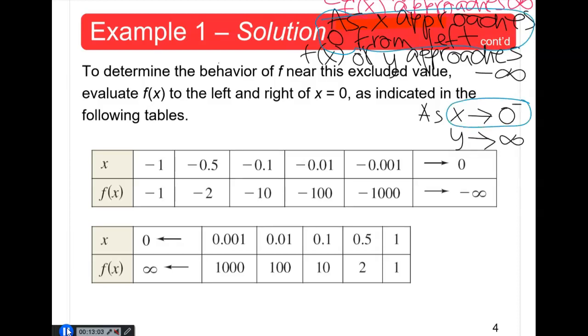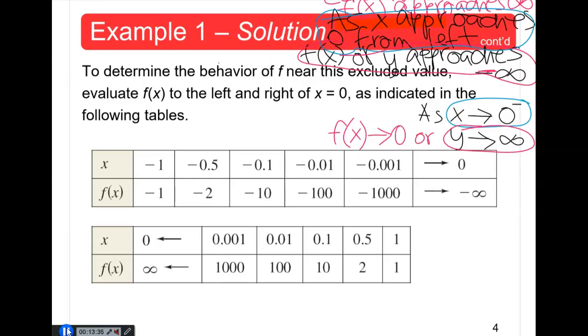As x approaches 0 from the left, so the arrow is indicating that it's getting closer, and the negative, that looks like an exponent, it means from the left. Then on the bottom part, we have f of x or y approaches negative infinity, and so that will be this notation. Or of course we could also say f of x approaches 0.